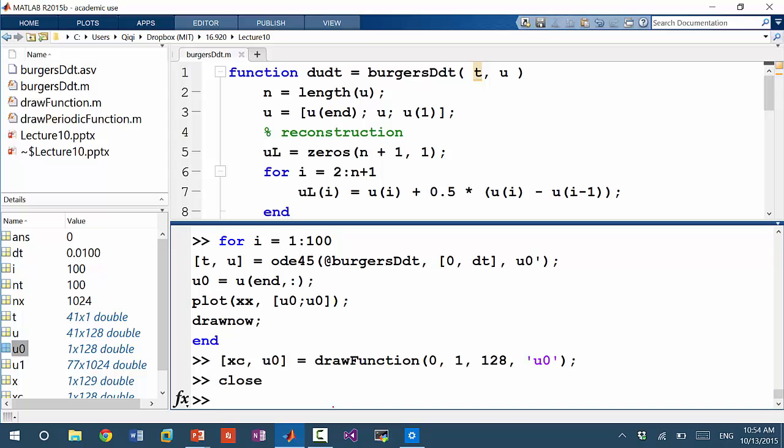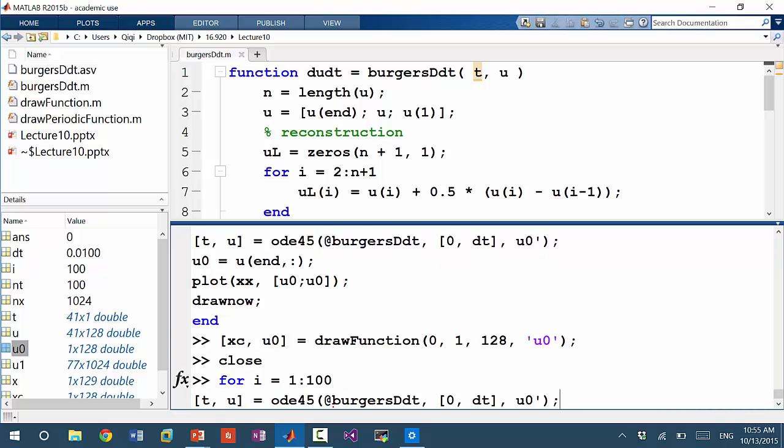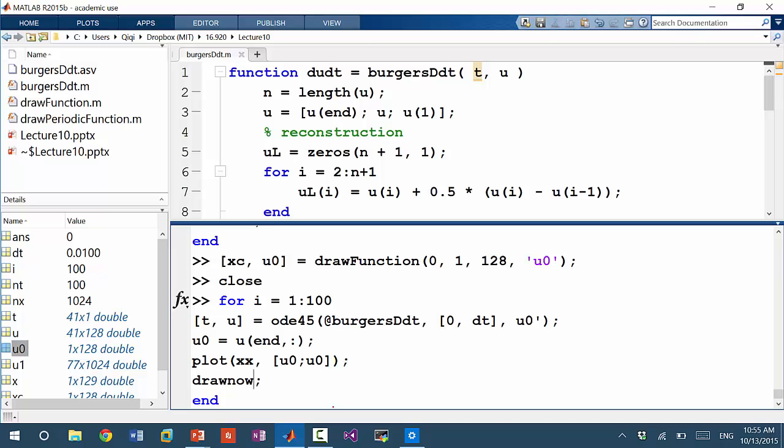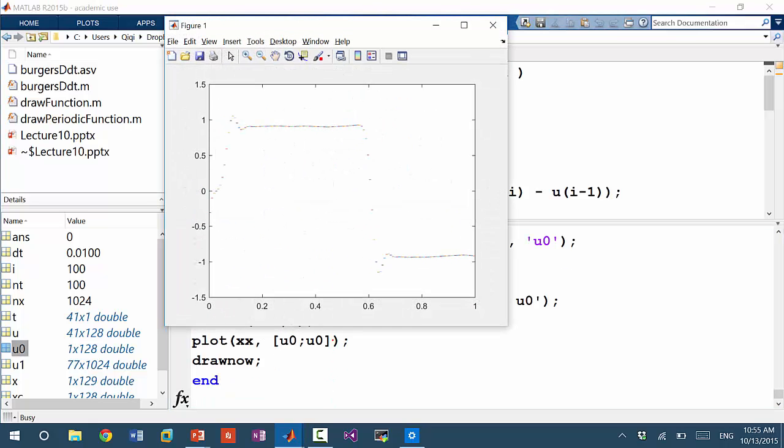And because I'm drawing such a function here at the two ends, there are also two discontinuities actually. So now I'm going back to change my for loop to, let's say, 1,000. Let's see how this evolves.